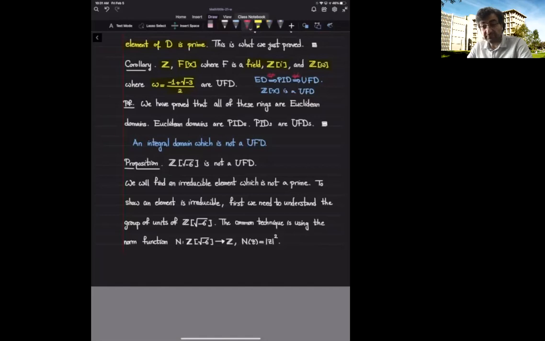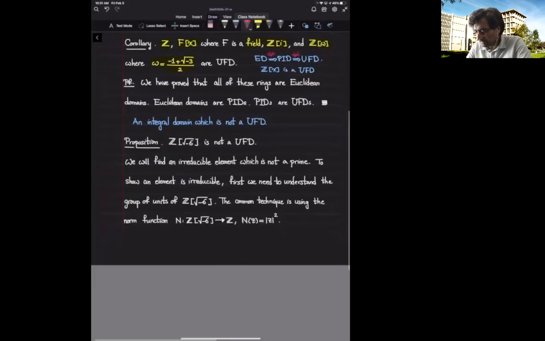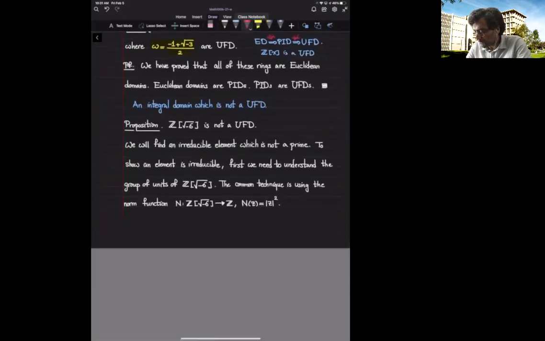altogether now we have quite a few examples of rings that are UFDs, and we have a kind of machinery for understanding when a ring is a UFD. Let's see an example when a ring is not a UFD, a natural integral domain. And within the process, we also learn the technique.